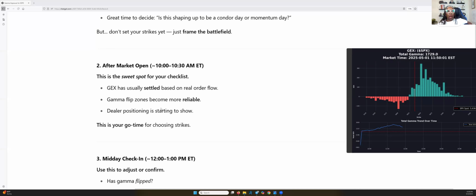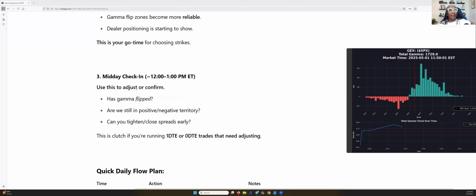Gamma flip zones become more reliable. Dealer positioning is starting to show, and this is your go time for choosing strikes. So 10 to 10:30 is where you can see this flip zone is stable, set. You've got your high and your big green and whatever kind of shows itself, and you can start to see some order flow.